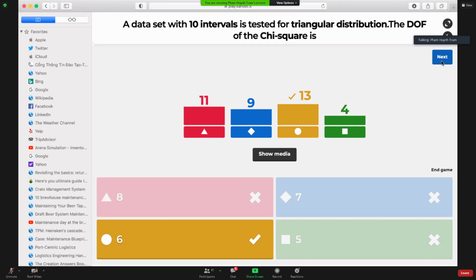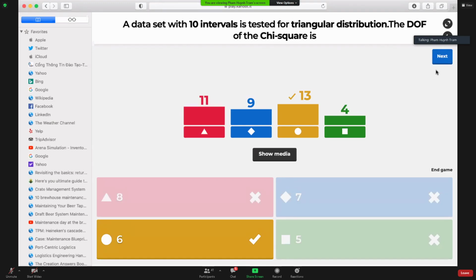K is the number of intervals, and s is the number of parameters of the distribution in our hypothesis. So here we have k is 10 intervals. We have 3 parameters in triangular distribution, right? So 10 minus 3 is 7, and then minus 1 is 6. So the answer is 6. Okay, remember this point: chi-square test and the degree of freedom.